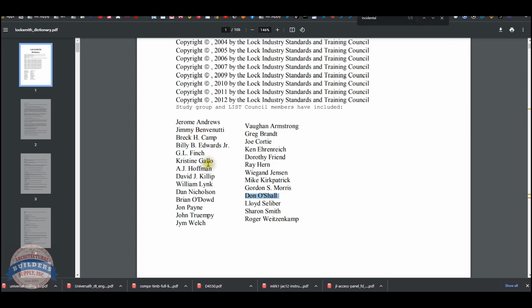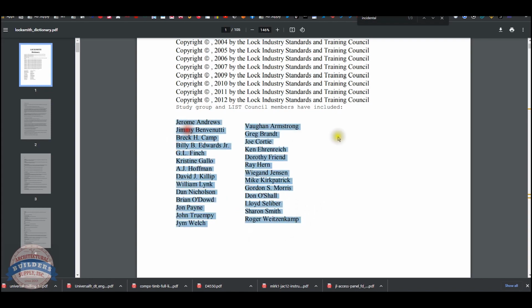But if these other names are in the company of Jerome Andrews, Jerry Finch, A.J. Hoffman, Billy Edwards, this guy has forgotten more about locksmithing than people have ever learned. John Trumpy, Don O'Shell, Lloyd, he's a god of master keying.